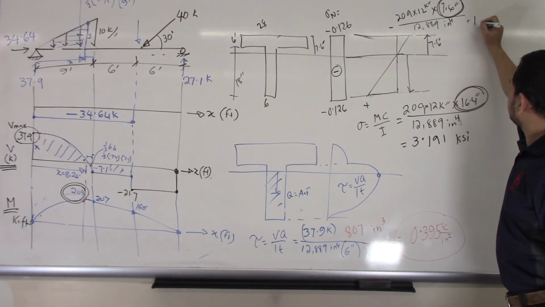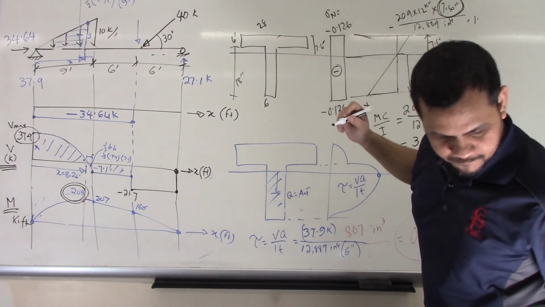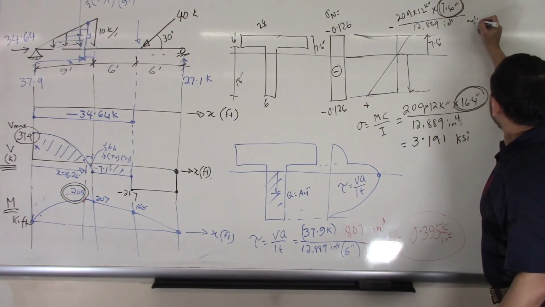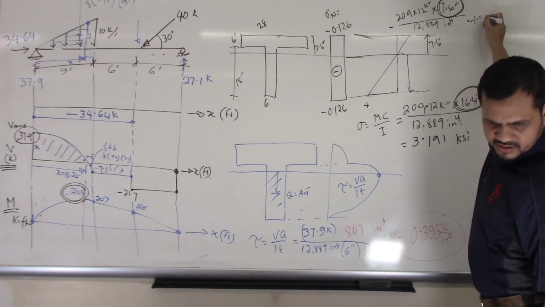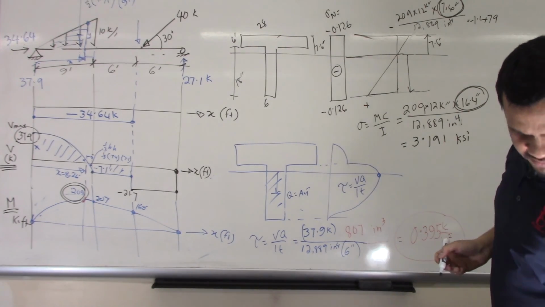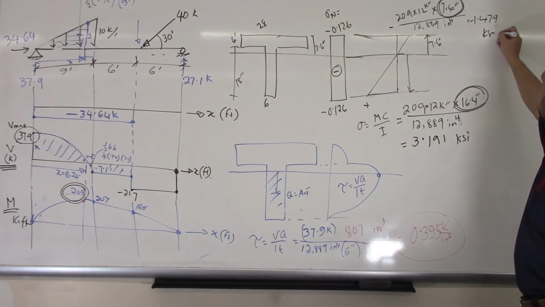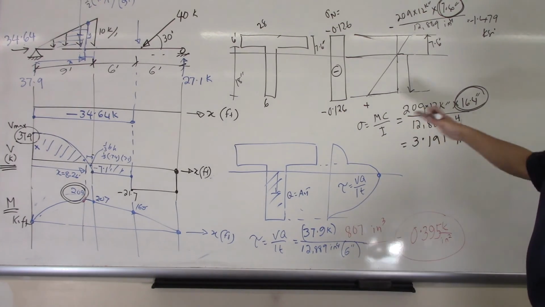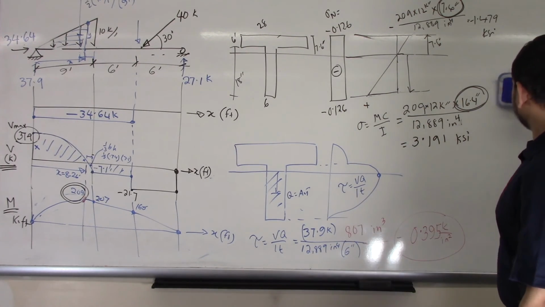So what is my stress? Negative 1.479 ksi here. Okay, I will erase it to clean.